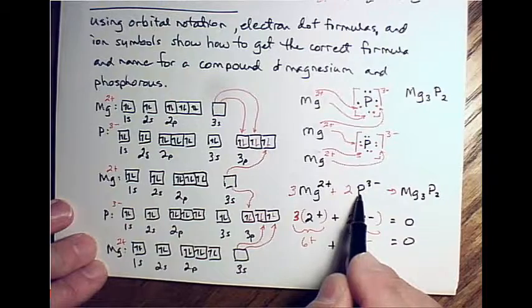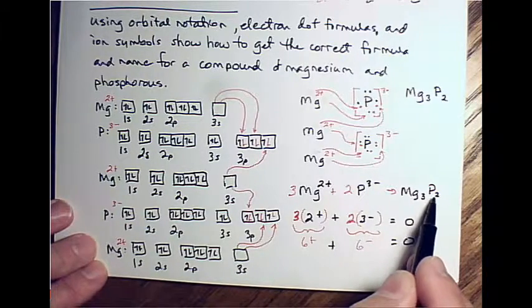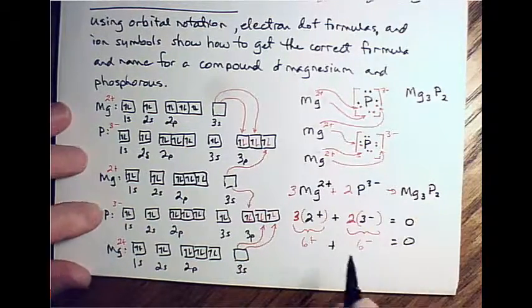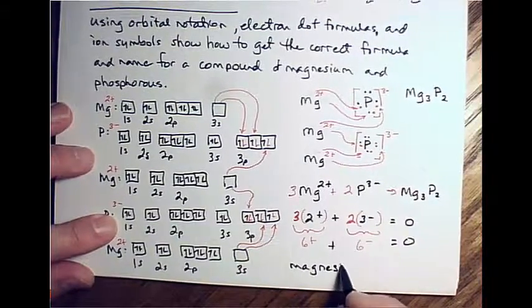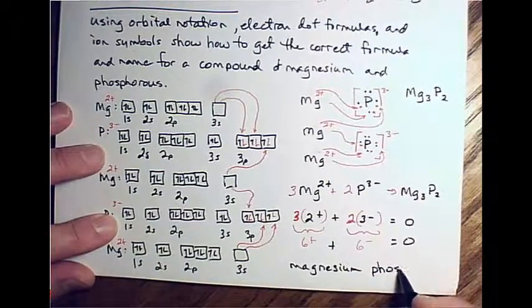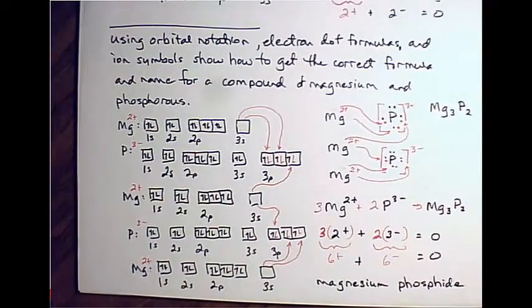So this is monoatomic because it's one atom. It's negatively charged. Negatively charged monoatomic ions are going to have a name ending of IDE. So this is magnesium. We change phosphorus to phosphide. Magnesium phosphide. Okay?